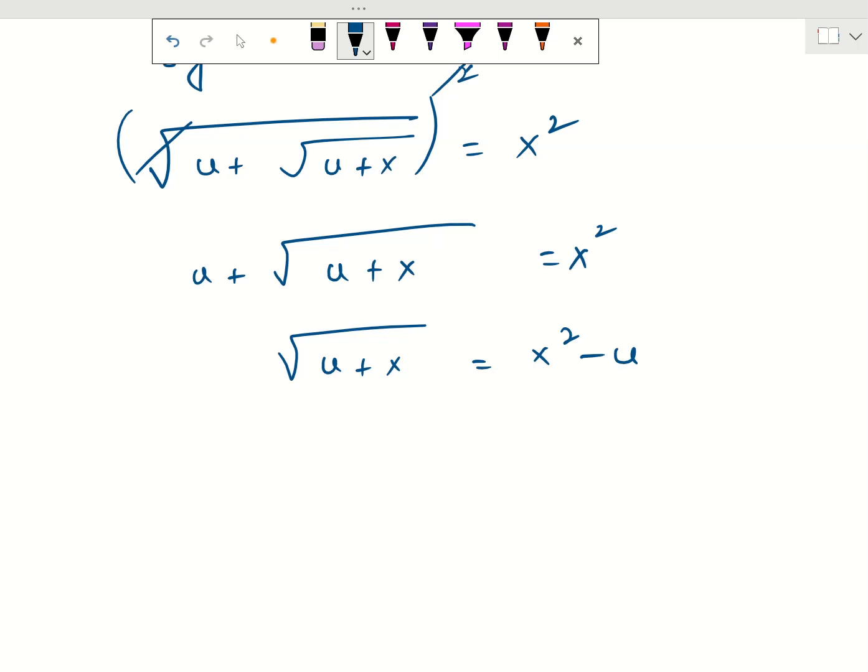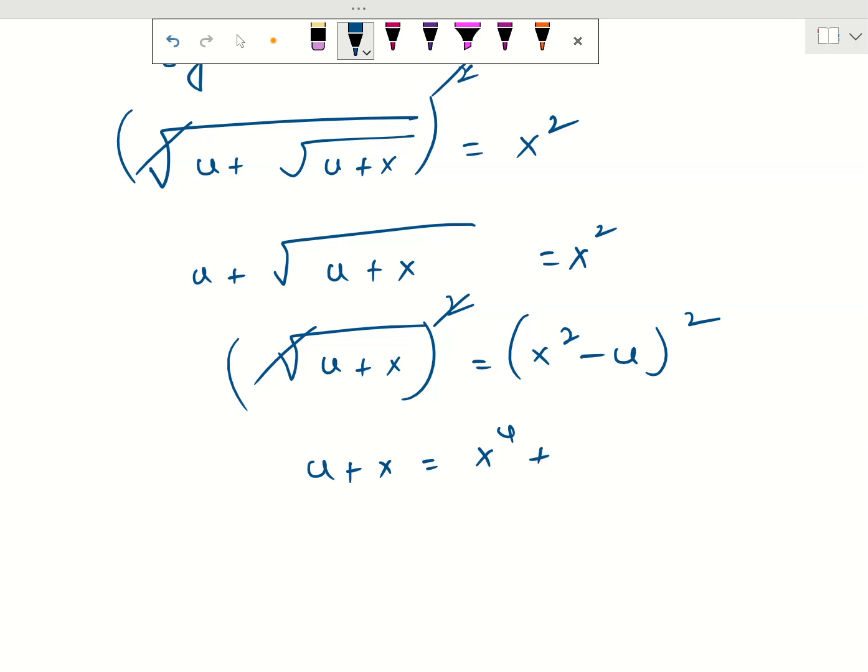Again taking a square on both sides, the square root will get cancelled by the square, and we have u plus x is equal to, using the formula a minus b whole square is a square minus 2ab plus b square.